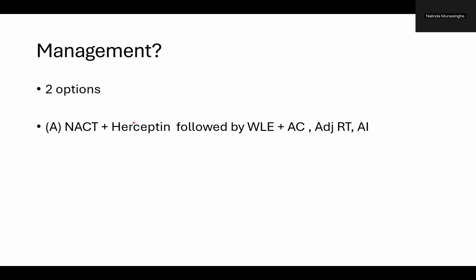So in your question paper, you will get trastuzumab. That is the generic name of the targeted therapy for HER2 positive patients, which can be followed with a wide local excision, axillary clearance because the lymph nodes were involved, and followed with radiotherapy and aromatase inhibitors. That's a good option.